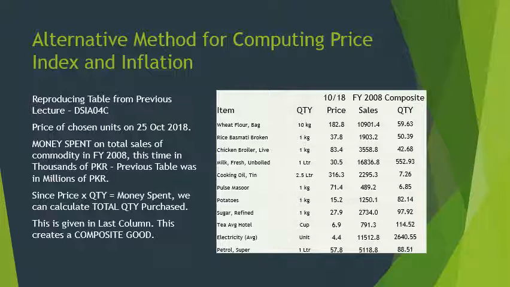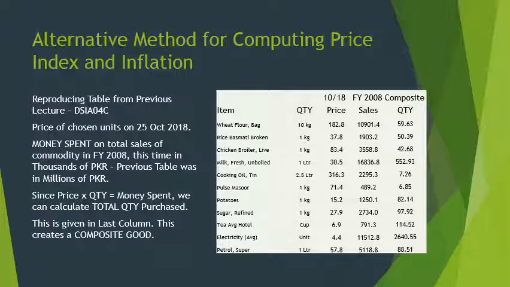Similarly, for each of the commodities, if we know the amount of money that was spent, we can calculate the quantity that was sold. Price times quantity is equal to money spent. We have the price, we have the money spent, so we can calculate the total quantity purchased. In this table, the last column calculates the quantity. Quantity is just the sales volume divided by the price.